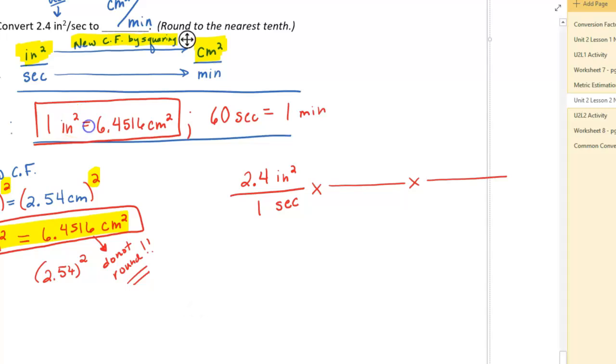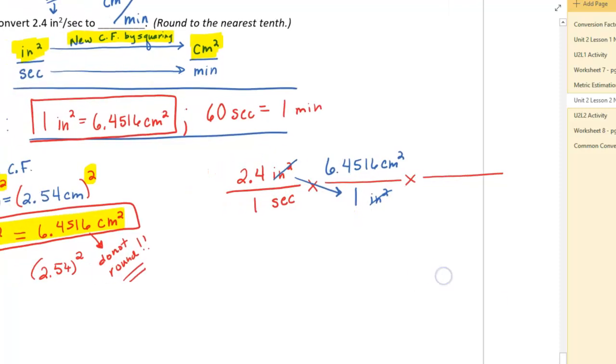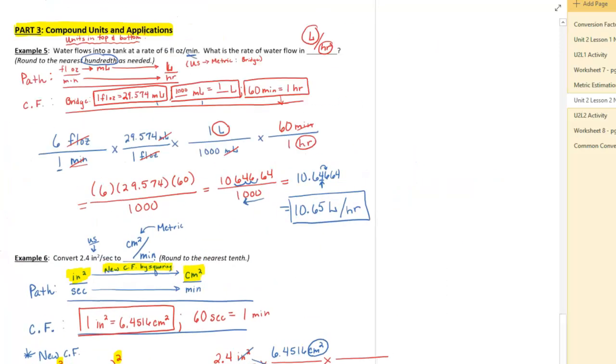And remember those alternating units. Since we have inches squared in the top, we need inches squared in the bottom. So we have 1 inch squared, and that's equal to 6.4516 centimeters squared. So the inches will cancel, squared inches will be at centimeters squared, which is what we needed.